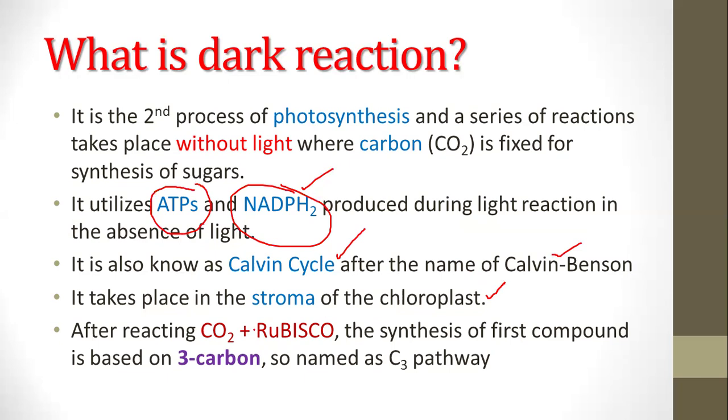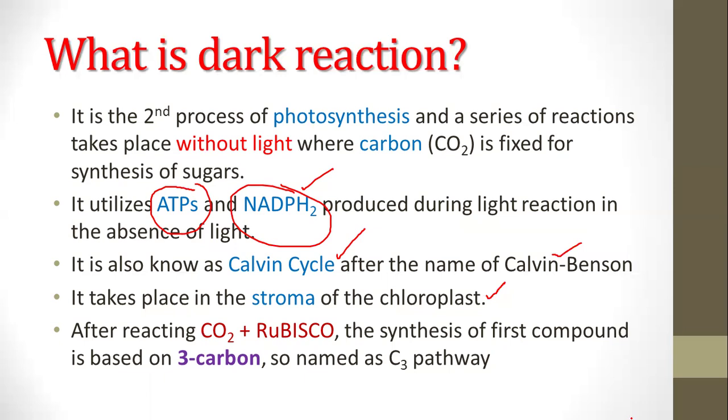After carbon dioxide reacts with Rubisco, the first compound synthesized is a 3-carbon compound, which is why it is known as the C3 pathway. In other words, the dark reaction, the Calvin cycle, is also known as the C3 pathway.